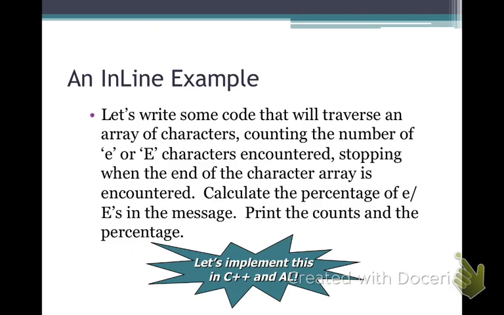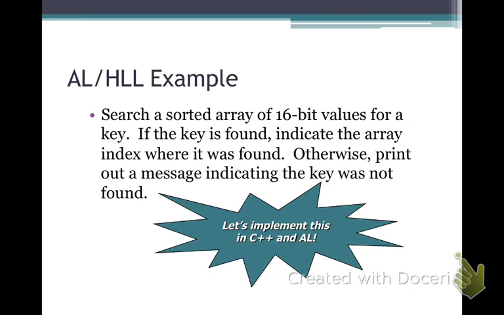I'm going to look for the high frequency character being an E, because that's the high frequency character in English, and so on. So we'll just validate that hypothesis there, but we're also going to do a sequential search. So we'll look at both of these in doing this in assembly language.